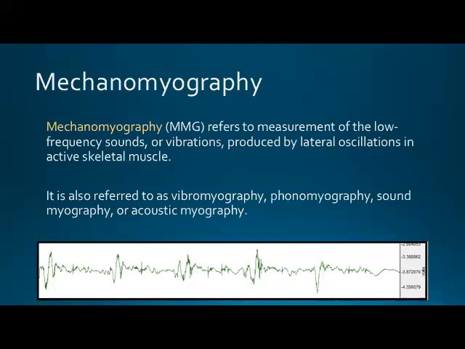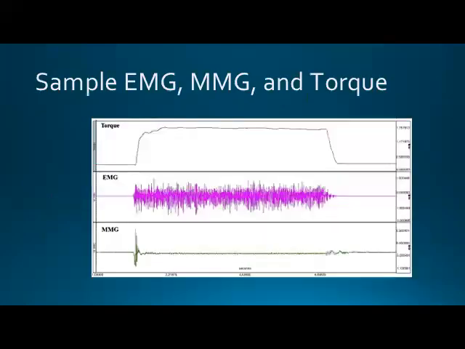It's going to pick up the actual fibers oscillating and the sound that's being derived from the cross-bridge cycling. And what's great about MMG is that the amplitude and the frequency actually help us tease apart those motor control strategies. So this is a raw MMG signal, so hopefully you can see it does look different than our raw EMG signal. If you don't remember what the EMG signal looks like, here it is for you again.